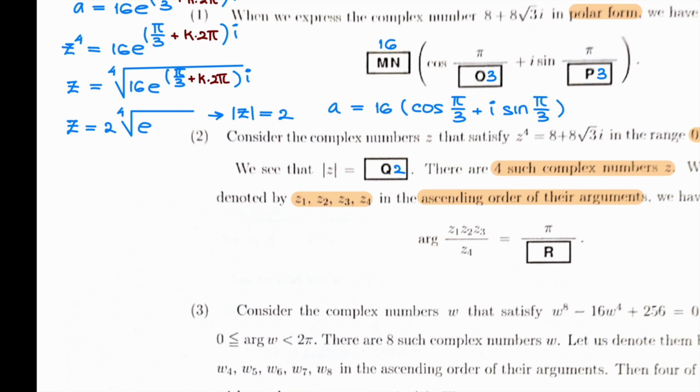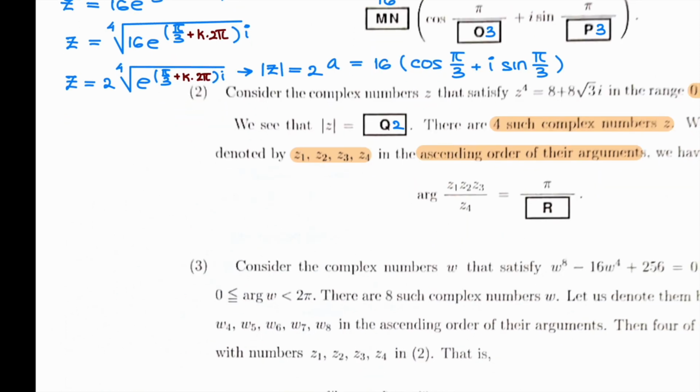Okay, and then I will put pi over 3 plus k times 2 pi, and then I will put i at the back. Wait a minute, yeah. I will put i here. Oops, sorry. I will put i here, like this. So when I want to find z, I just take the fourth root of this one.